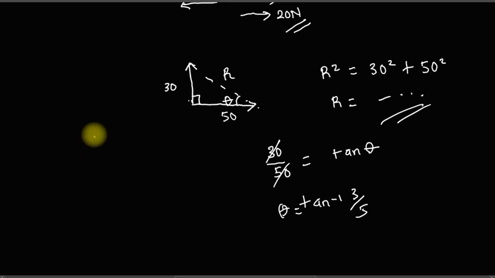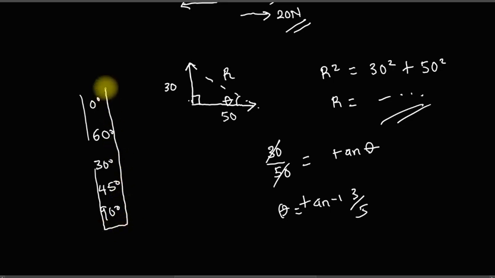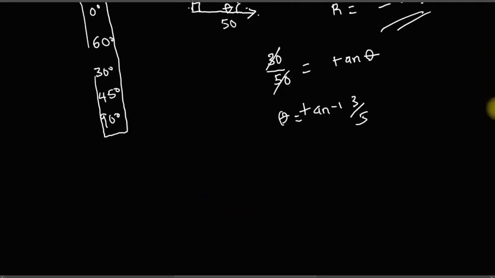They are going to give you 60 degrees, 30 degrees, 45 degrees, 90 degrees, 0 degrees. So you have to learn the value of tan, cosine, and sine for each of these angles. I'll teach you an easy way to do this later.